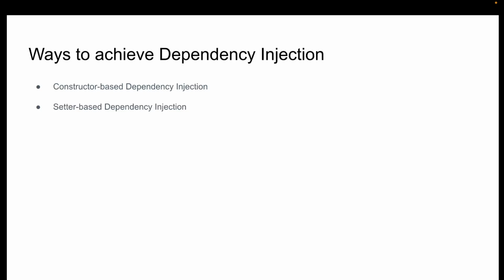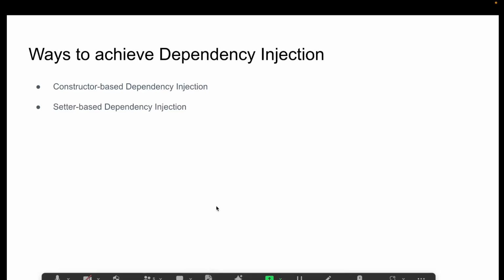The two ways are that it can be injected in a constructor or in a setter method. So we'll keep this class until this topic itself, and we'll see further topics in the next class.